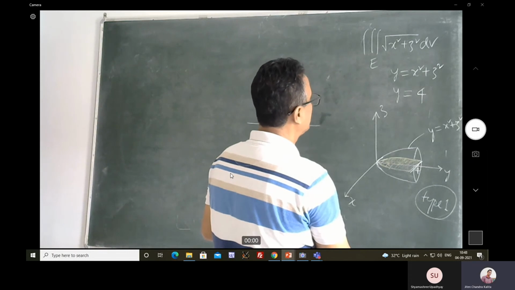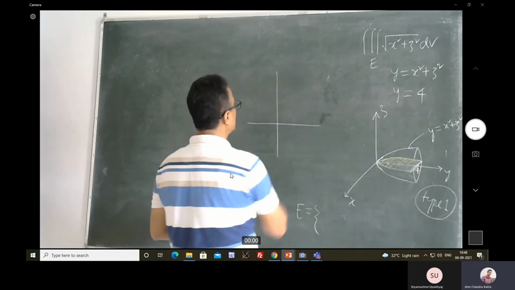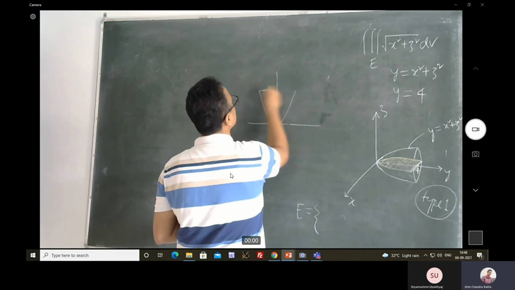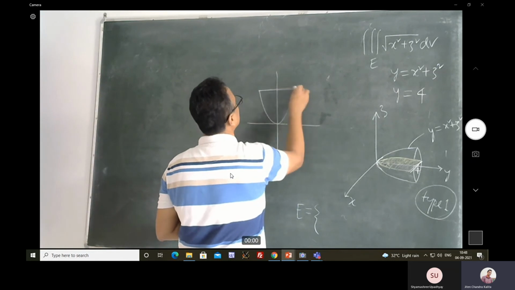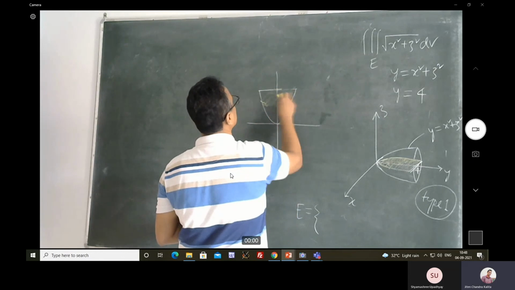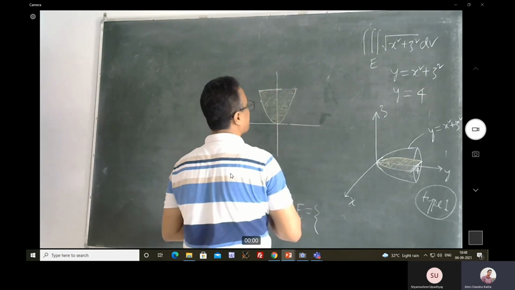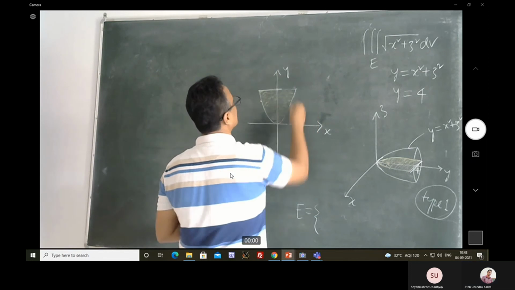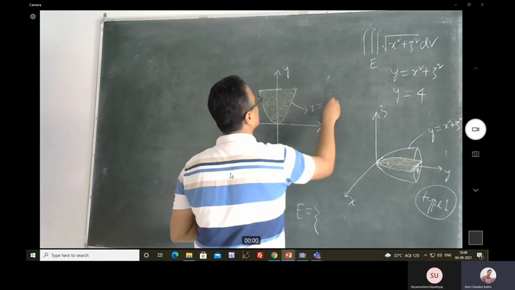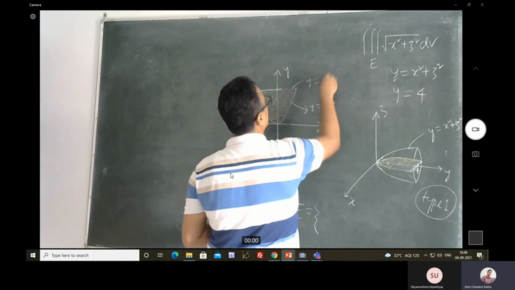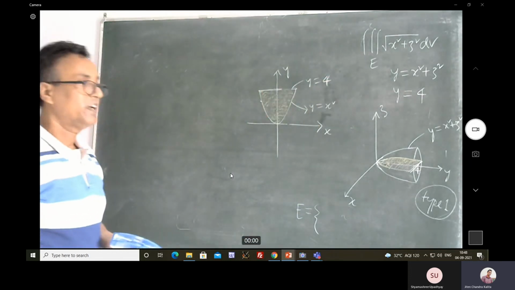In the xy plane, when z equal to 0, it is simply going to be this region, and this is y equal to 4. Is it okay? Fine.